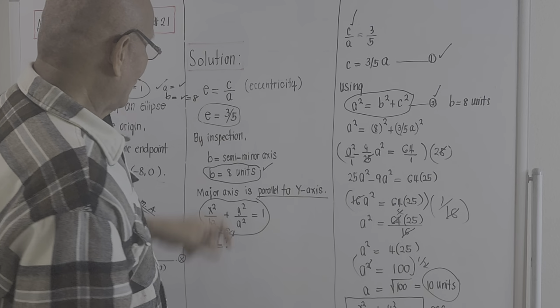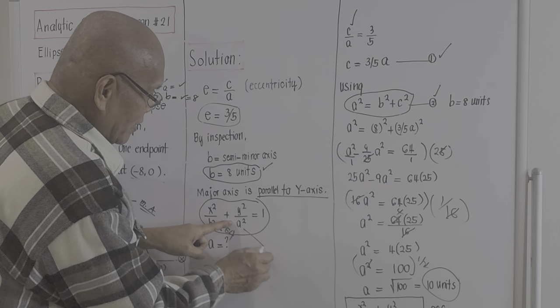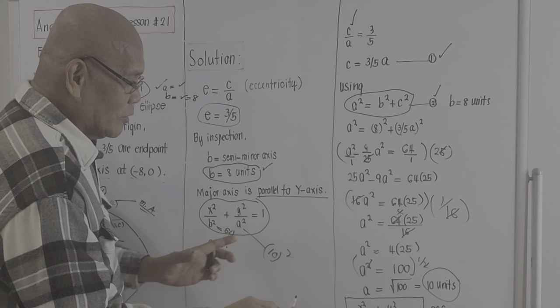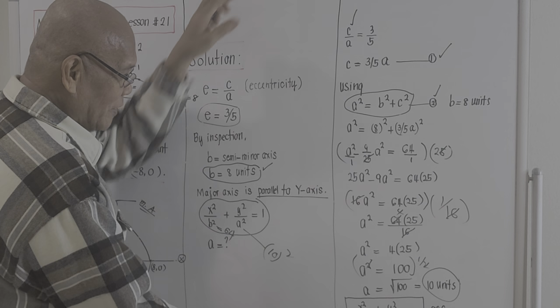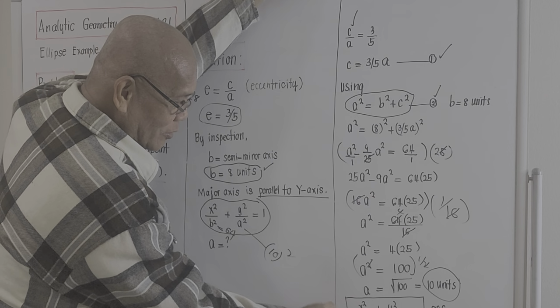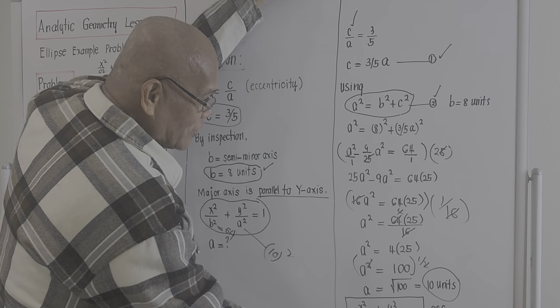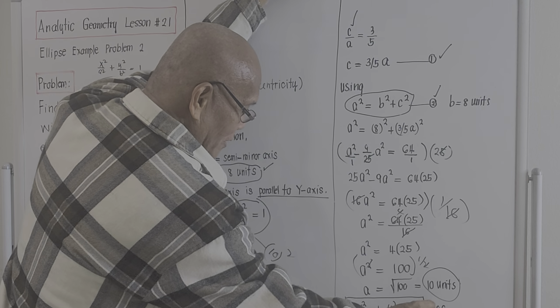So if we go back to this equation here, this A square here will be 10 quantity squared. And if we simplify, the resulting equation now will be x square over 64 plus y square over A square. A square is 100, and this should be equal to 1. So this will be the answer.